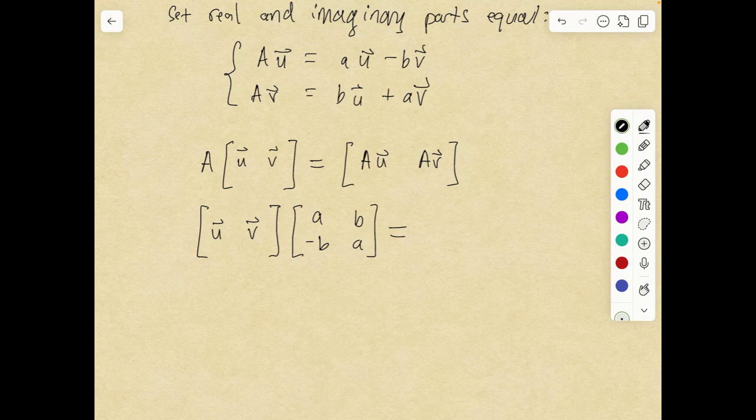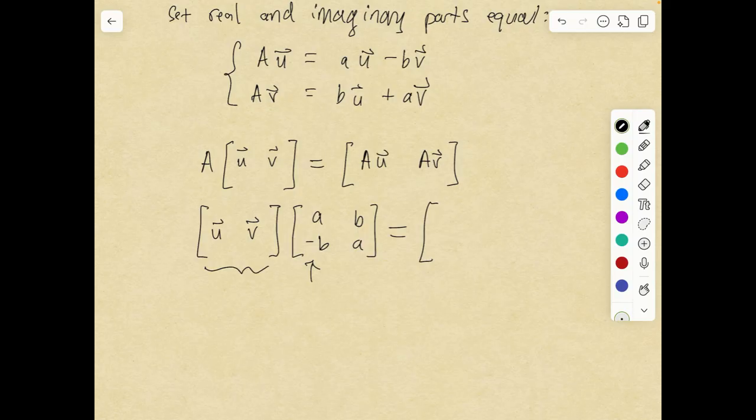Hopefully you remember this from when you took linear algebra. So if you want to multiply these two matrices together, the first column is going to be the matrix here times this column, right?